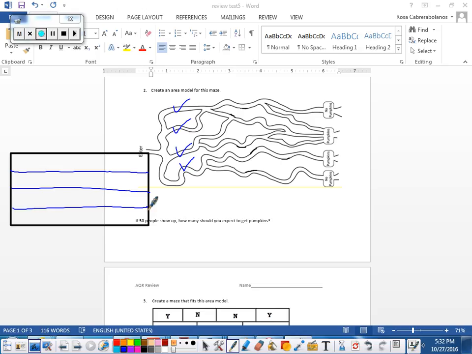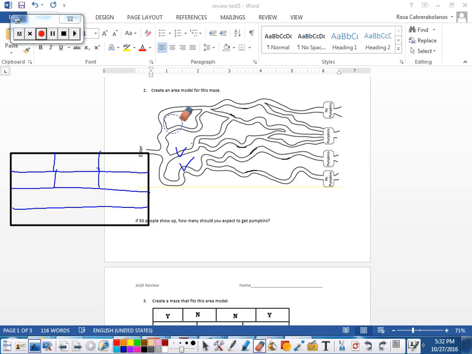Now this first one goes to 3 different ways, so I'm going to divide it into 3.